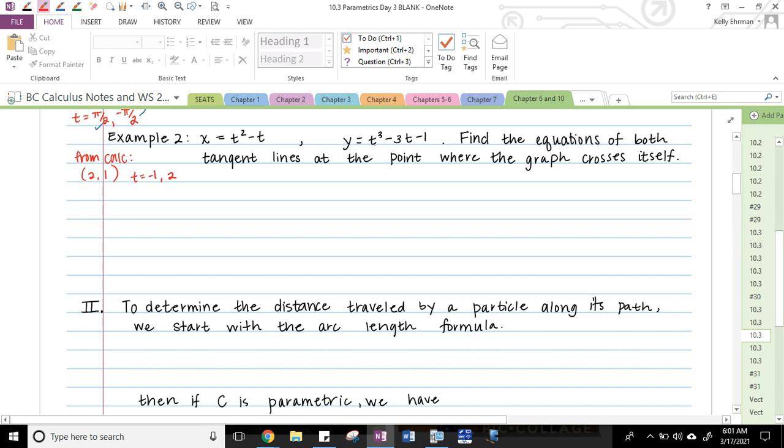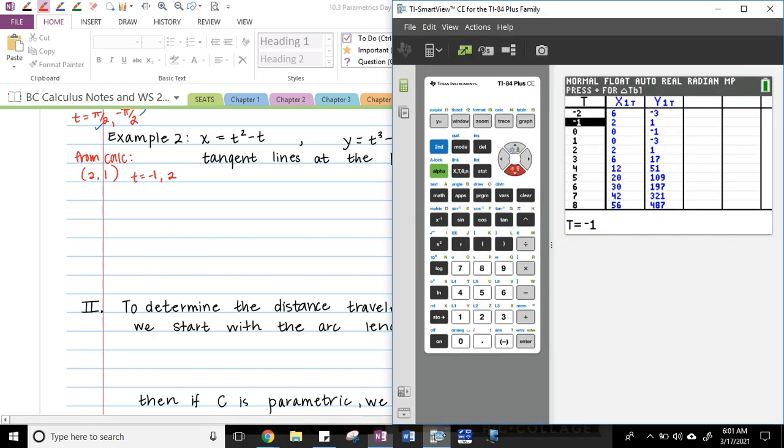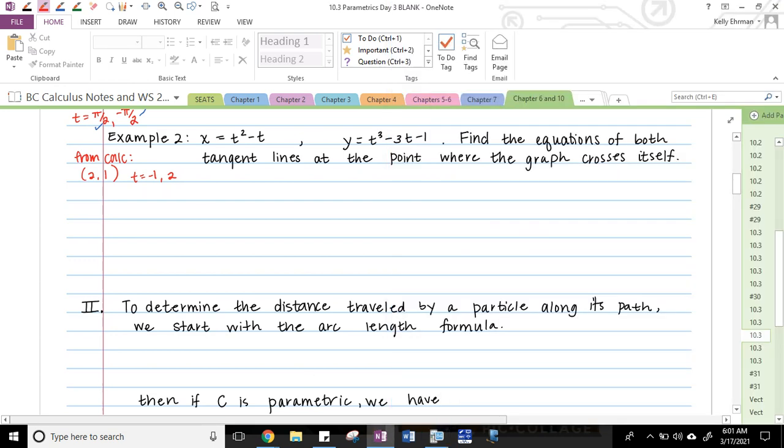I have a t to the third here, so I'm worried that there might be another value of t that wasn't showing up immediately in the table, more negative or more positive, and you would miss it. I would normally rely on algebra.